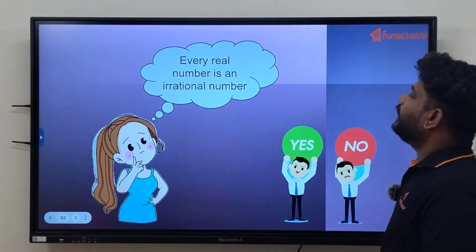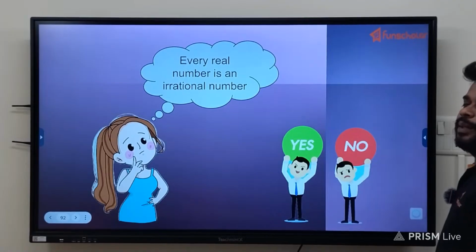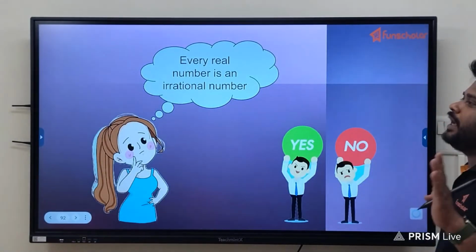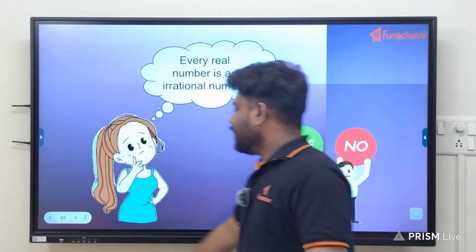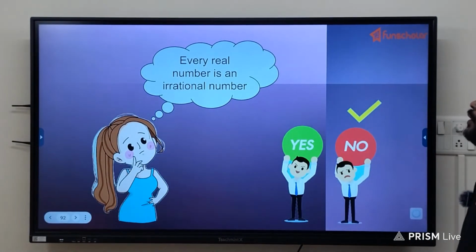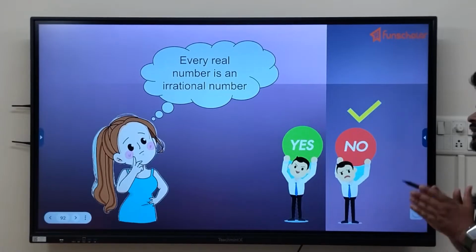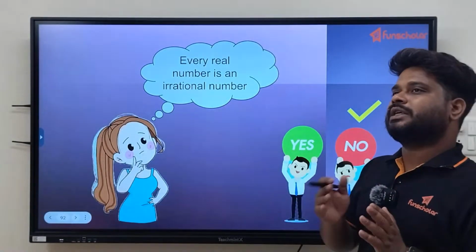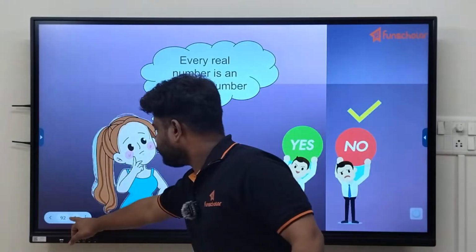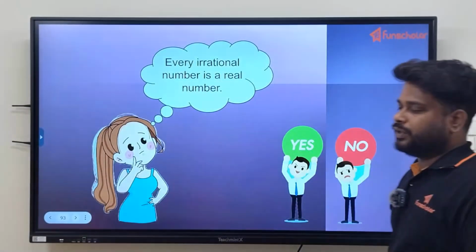Next, every real number is an irrational number. Just think carefully and try to answer. The answer will be no. Obviously it will be no, because every real number is not an irrational number, but every irrational number is a real number. The reverse is right. Every irrational number is a real number, as I have told before.